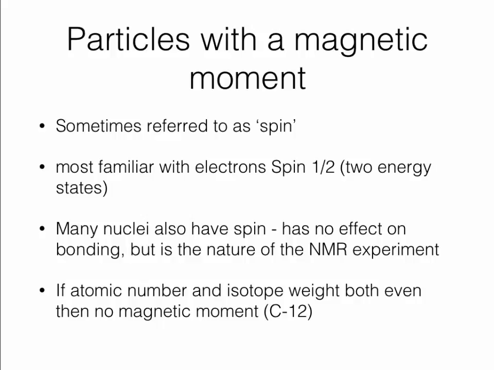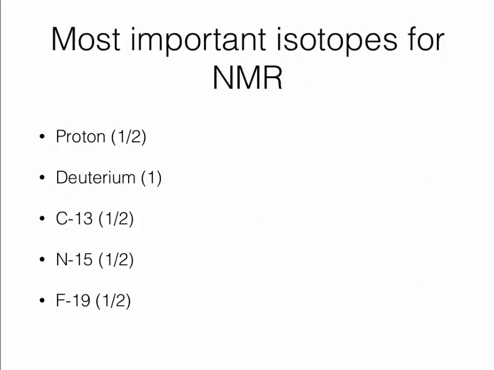But many others do. The most important isotopes for NMR, at least for us, is proton, which has a spin of 1/2. That means there are 2 magnetic spin states. Deuterium has a spin state of 1, which means it has actually 3 spin states, +1, 0, and -1.